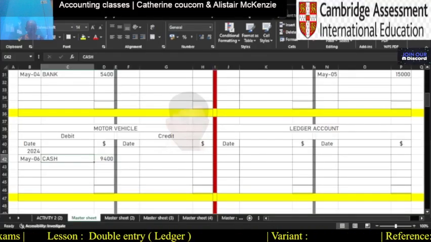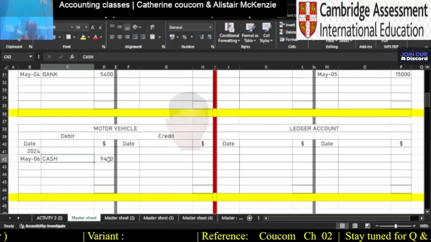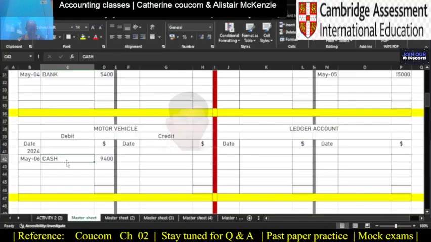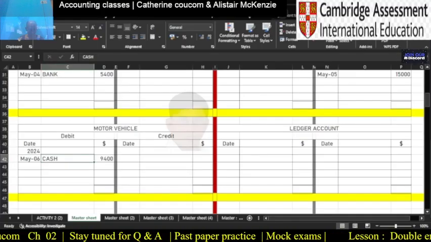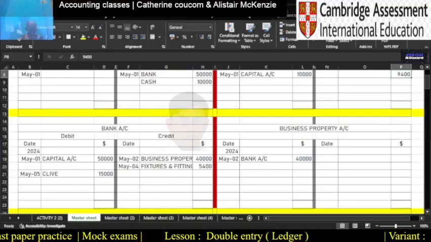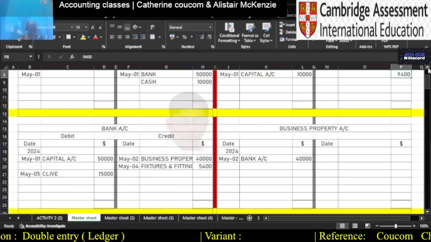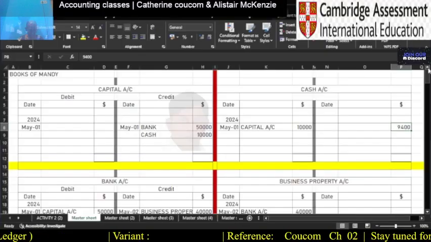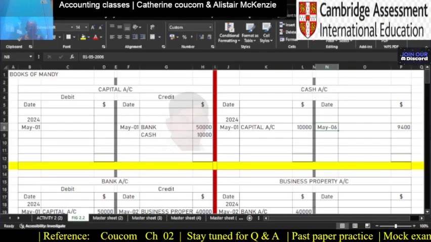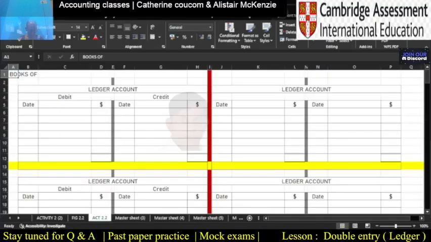So money is coming in. Motor vehicle is coming in. 9,400 is receiving, 9,400 by cash, and accordingly the cash account. Cash account. Okay. So cash account, motor vehicle.